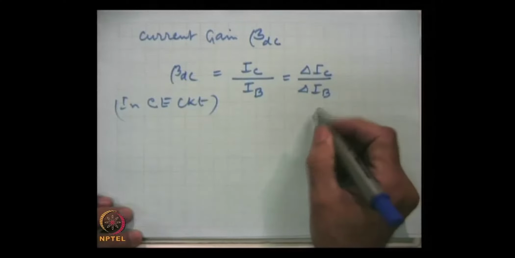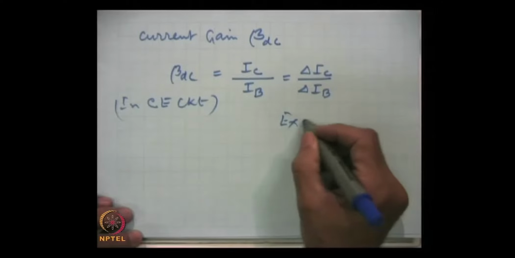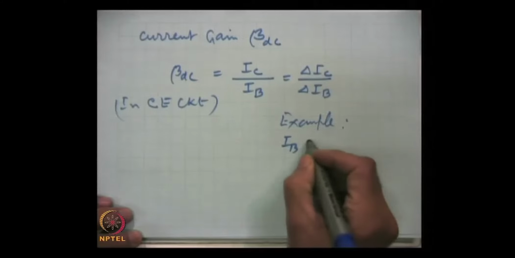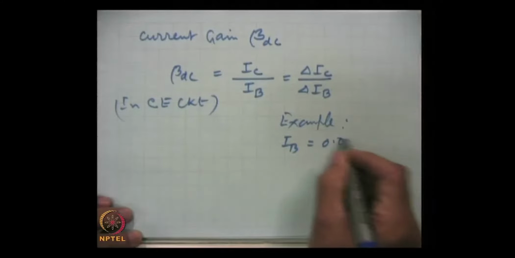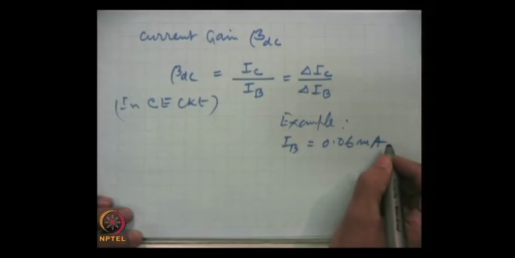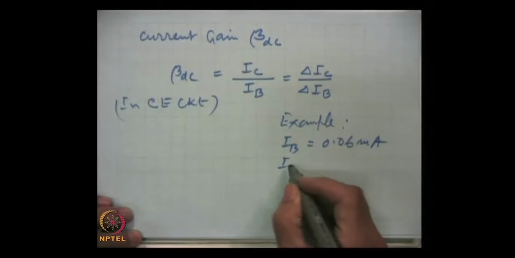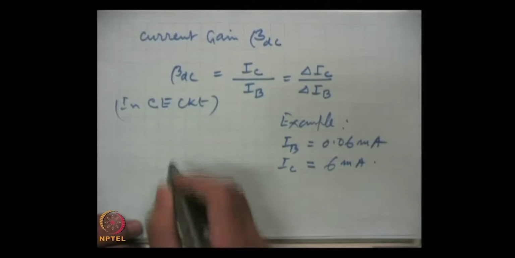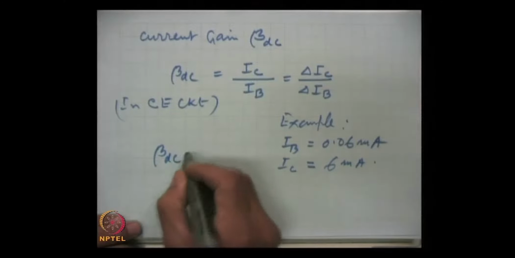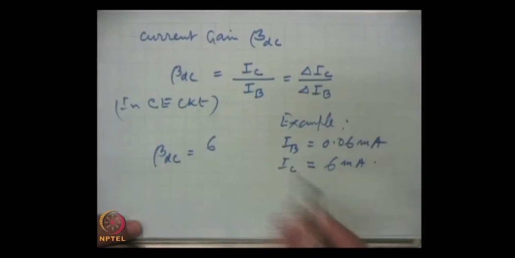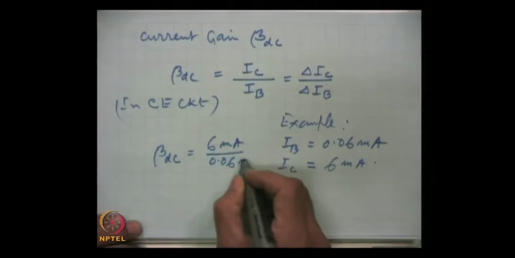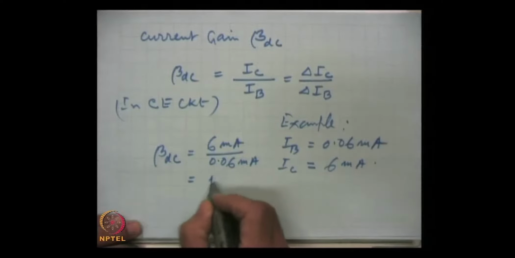Now, let us take as an example that IB of say 0.06 milliampere produces a collector current in a common emitter circuit of the order of 6 milliampere. Then beta DC is equal to 6 milliampere by 0.06 milliampere. So, this is 100.